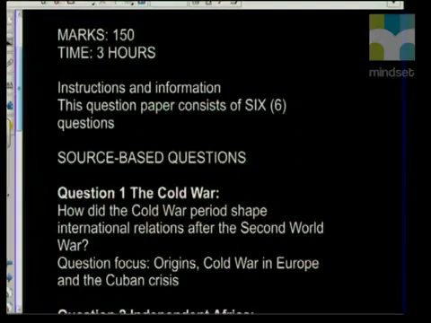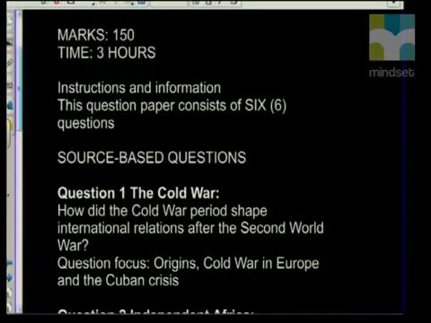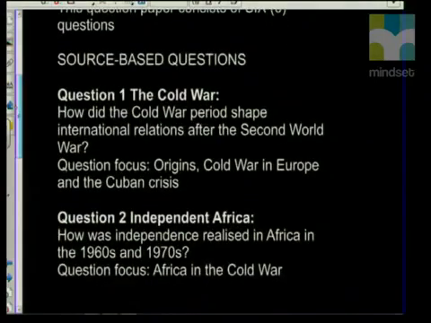This question paper consists of 6 questions. Now, historians, you don't have to do all 6. Remember, there is a choice. The first part of this exam is source-based questions. Question 1 is the Cold War.